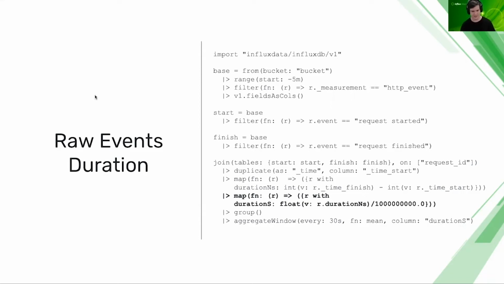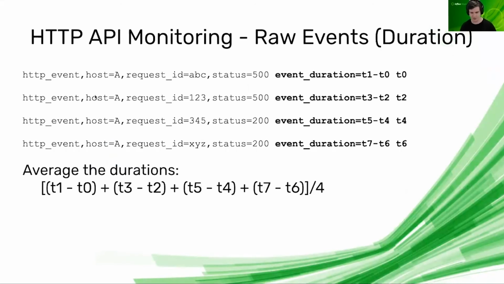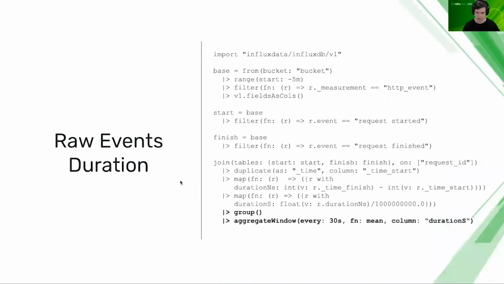And then we're back to really the same thing we were doing previously: we have the durations, we just need to compute their average. To do that, we put everything into the same group, window it over time in 30-second chunks, and then compute the mean of the duration in seconds. Cool.